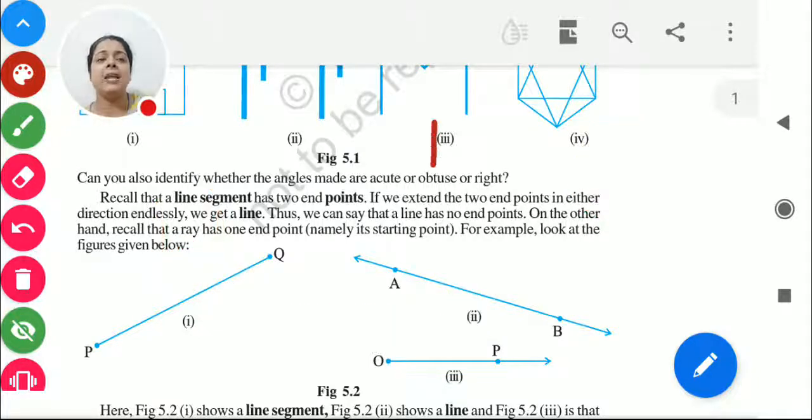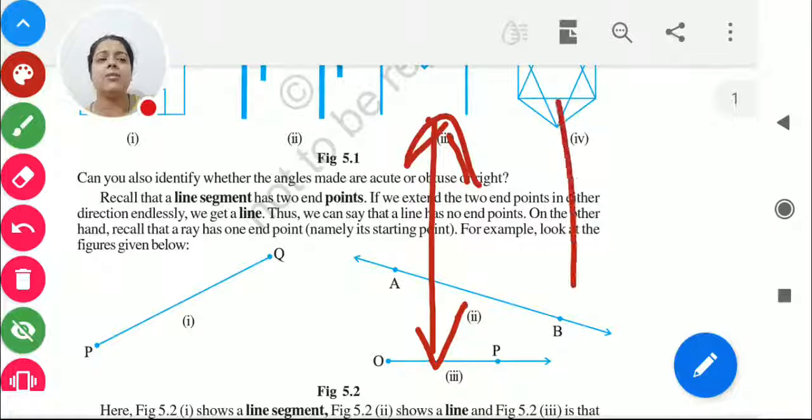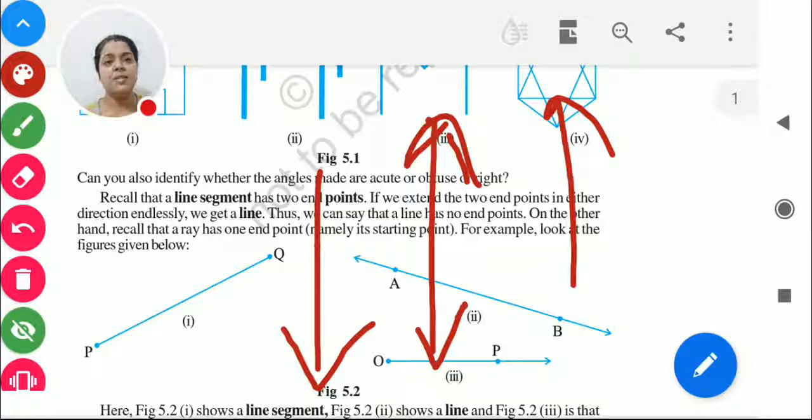So a line has no end point and can increase in any direction, and that's why it is called a line.